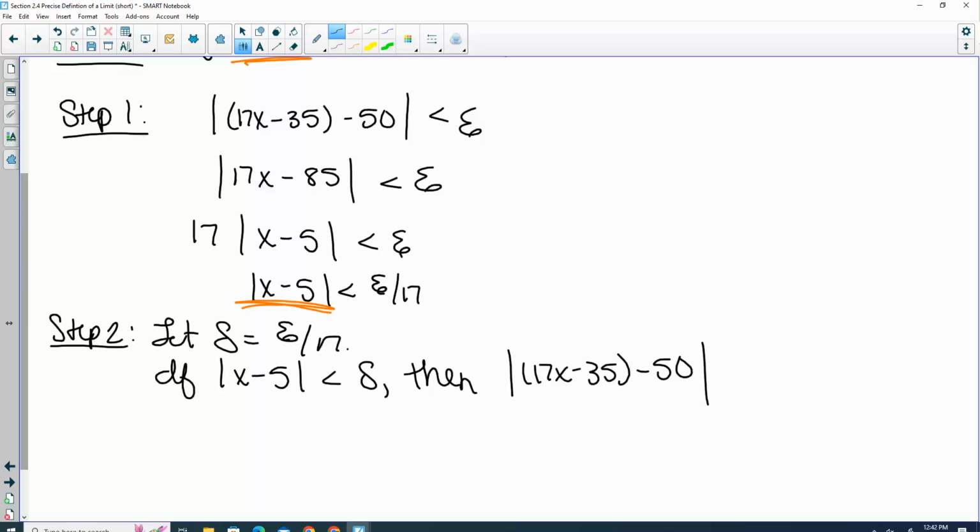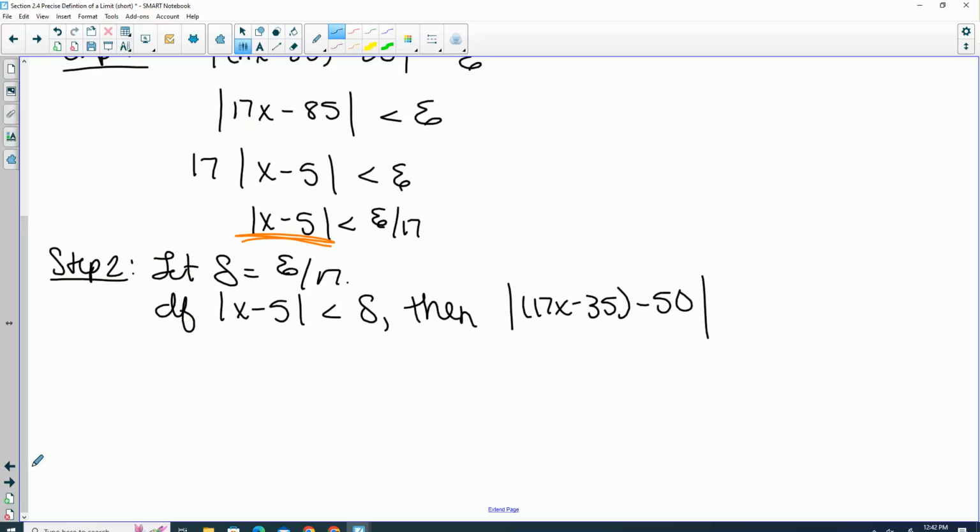And now we're going to work this out until we get the less than and the epsilon. Alright, so combine like terms, so 17x minus 85. But what can we take out? The absolute value of 17 is 17, so that's what comes out. Okay, right here. 17 times the absolute value of x minus 5.